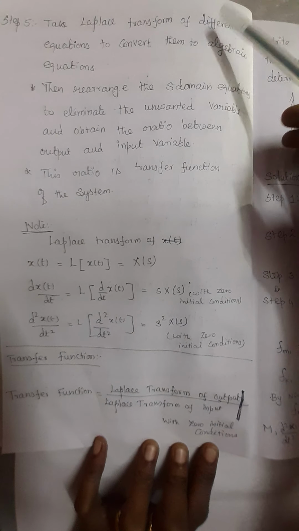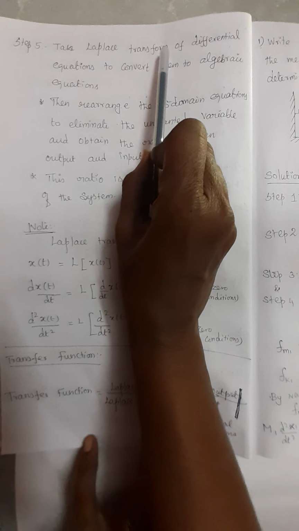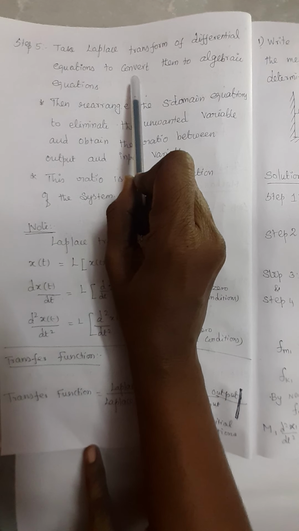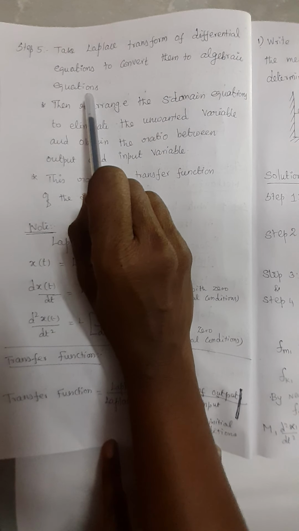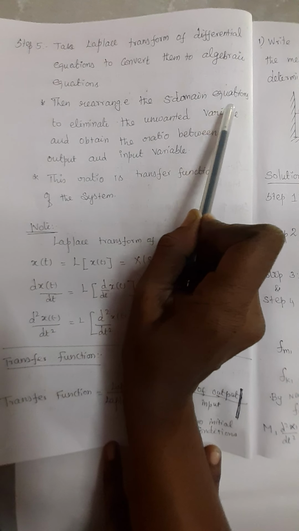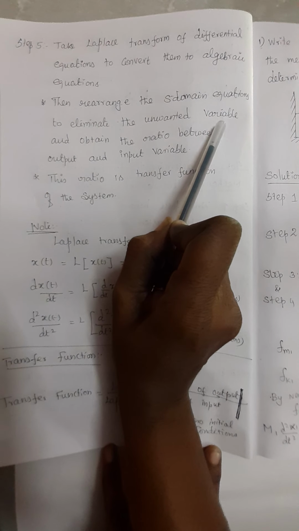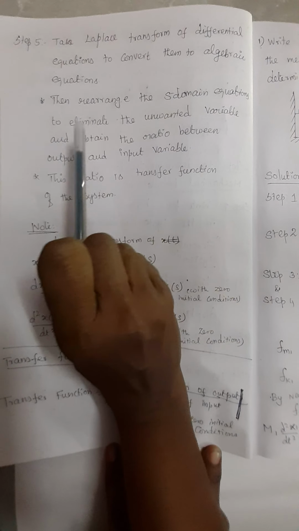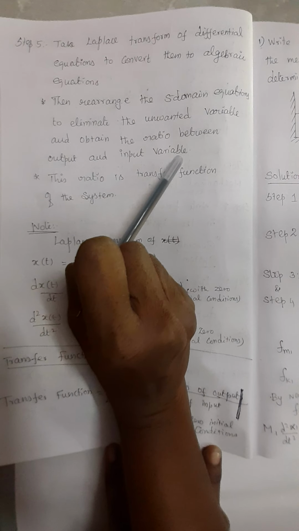Then step 5. Now take the Laplace transform of these differential equations to convert them to algebraic equations. Then rearrange the S-domain equations to eliminate the unwanted variables and obtain the ratio between the output and input variables.